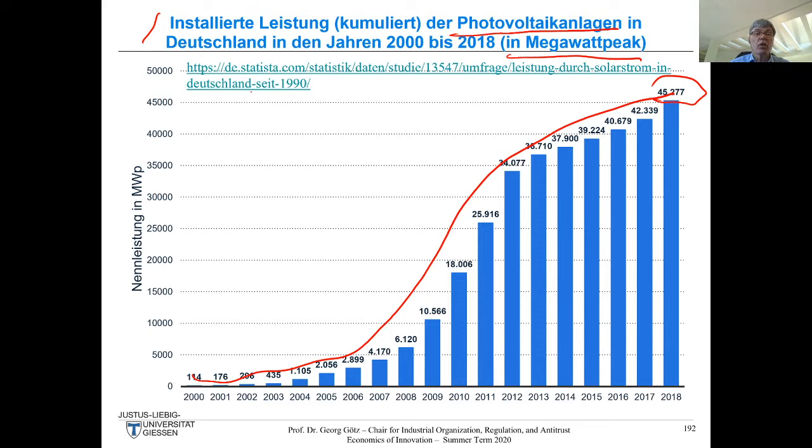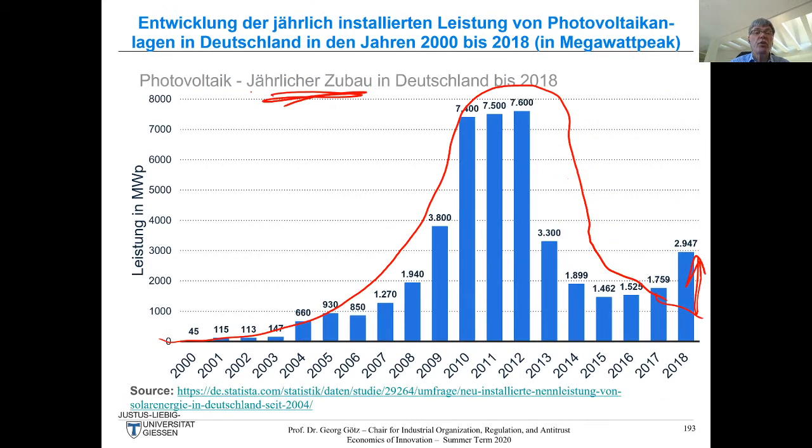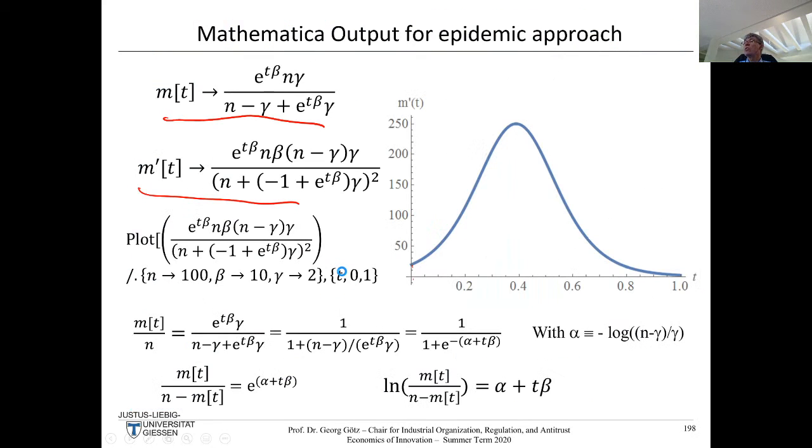These are the cumulative installations, and here you see the new installations. This is this hump-shaped or inversely U-shaped curve here. And if we go back, you see that's what is really almost perfectly reproduced by this model. That's what this model reproduces.